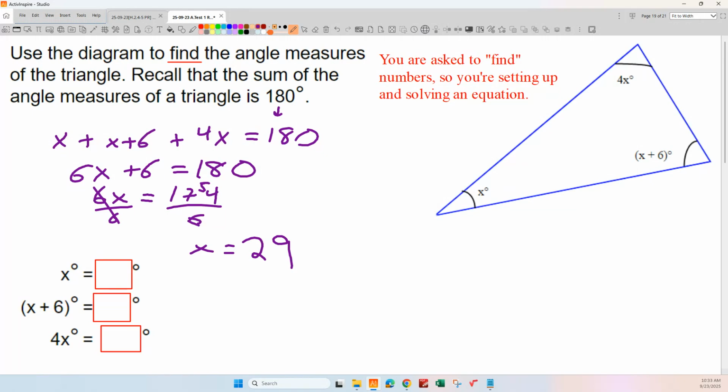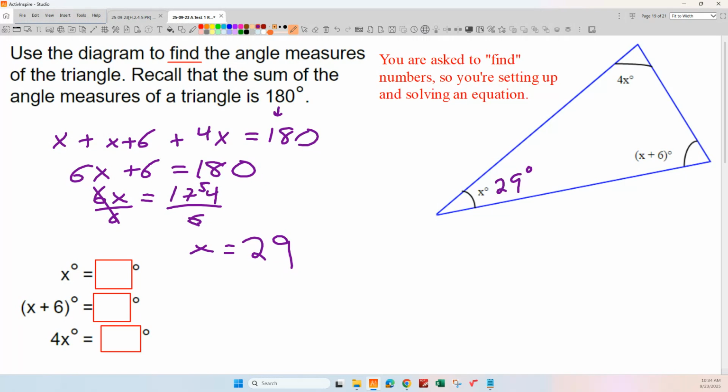Am I done? Just solve for x. Am I done? Okay, I got to plug those back in. So that means this angle is x, so that's going to be 29 degrees. This one is 4x, so that's going to be 4 times 29, right? So what's that? Well, what would 4 times 30 be? 120, right?